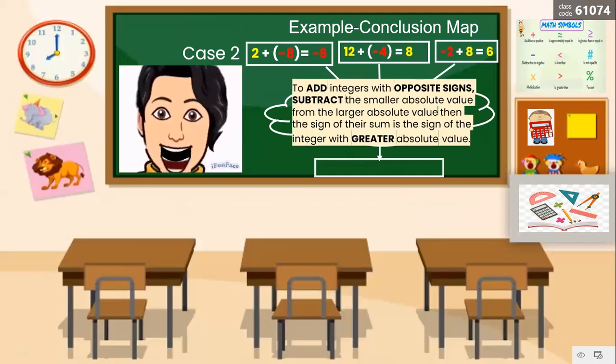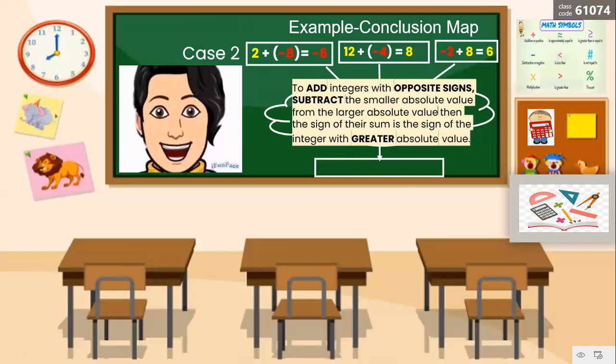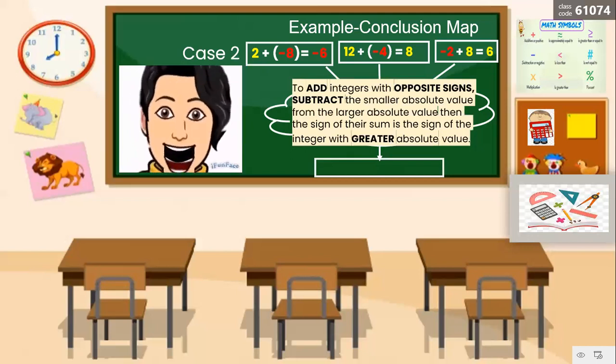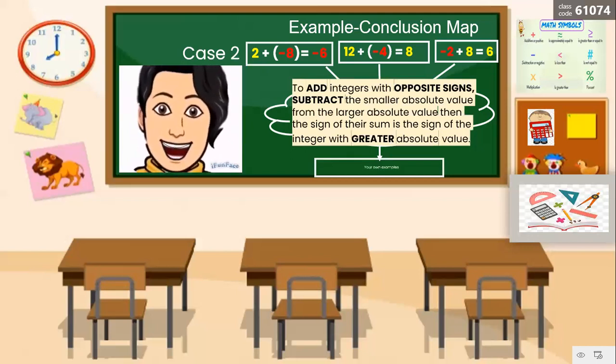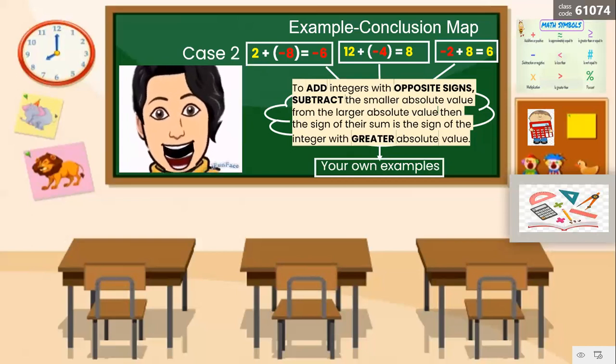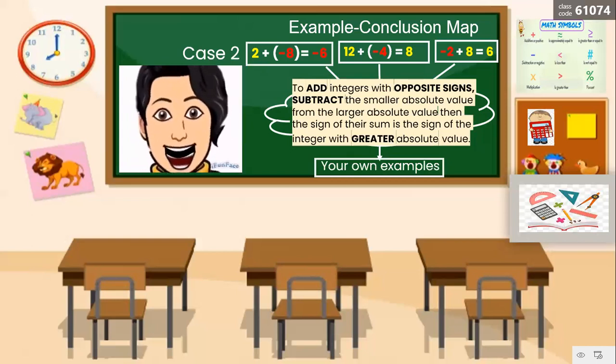Then, the sign of their sum is the sign of the integer with greater absolute value. Meaning to say, just copy the sign of the integer with greater absolute value. Okay, so for the last box, you are going to give your own examples. Okay, are you ready? Go.